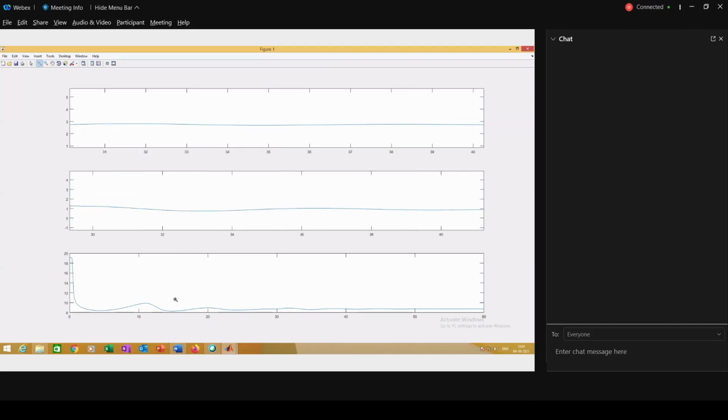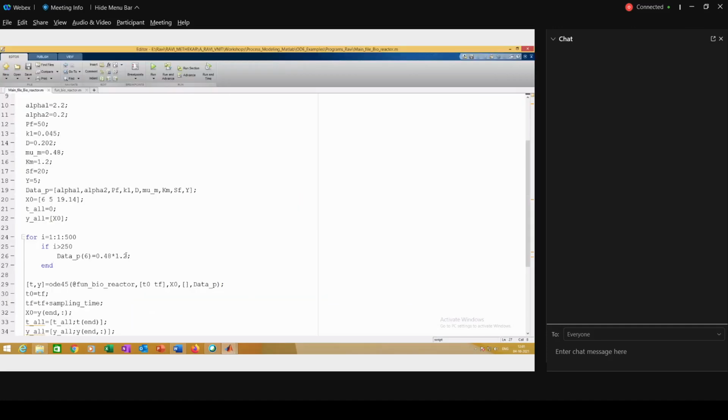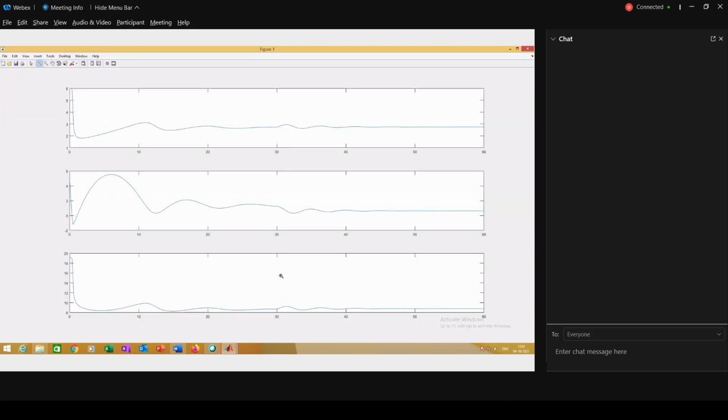Okay, got some change. Let's do some more change. That's a 50% change I have given. Again a difference. Now it's clearly visible. Look at this, 38 seconds.